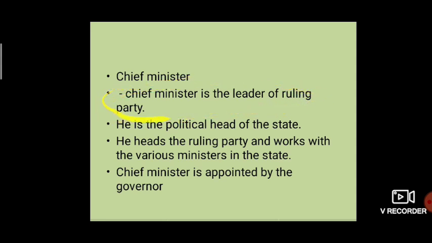With the majority of the votes, they select their leader and then choose that leader as chief minister. And who appoints the chief minister? Governor appoints the chief minister and other ministers. The head of the ruling party, as written here, works with the various ministers in the states. Then the chief minister is appointed by the governor.